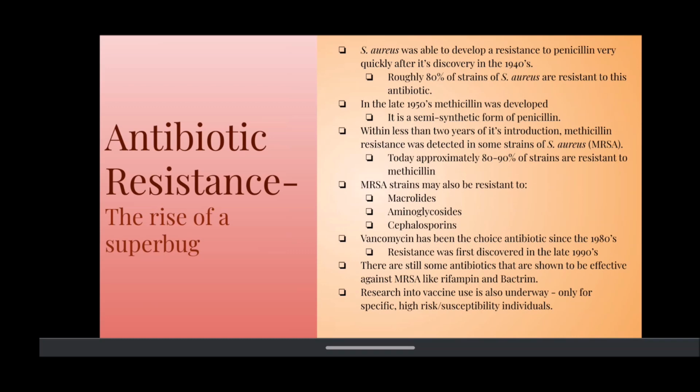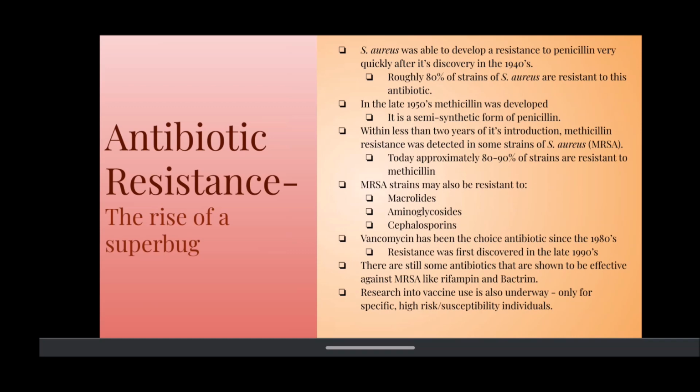Antibiotic resistance is very important when talking about Staphylococcus aureus. It is considered to be a superbug. Staph aureus developed resistance to penicillin, which was the first antibiotic discovered in the 1940s, very, very quickly, and roughly 80% of strains of Staph aureus today will be resistant to penicillin.